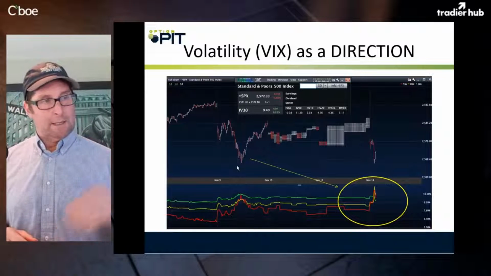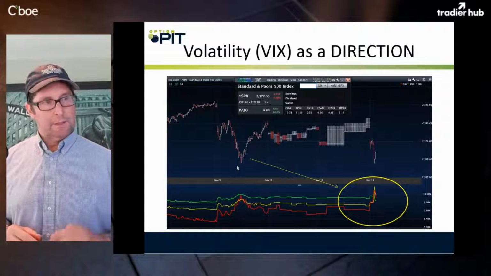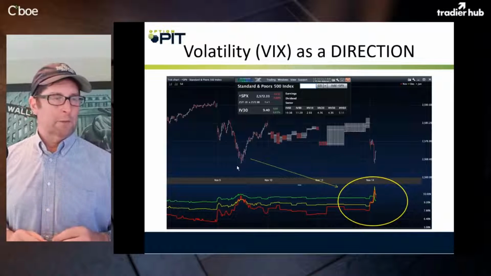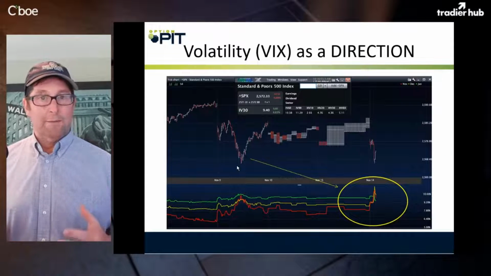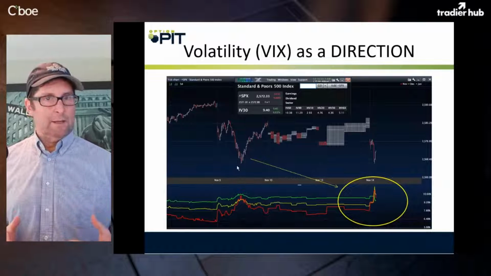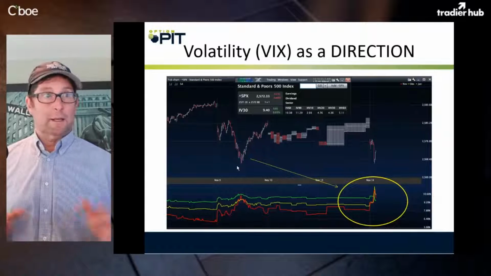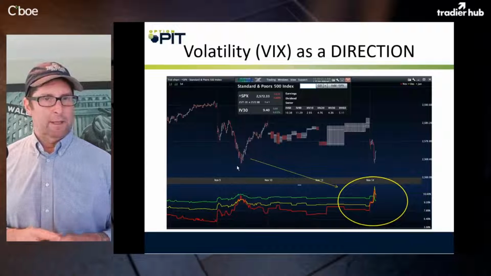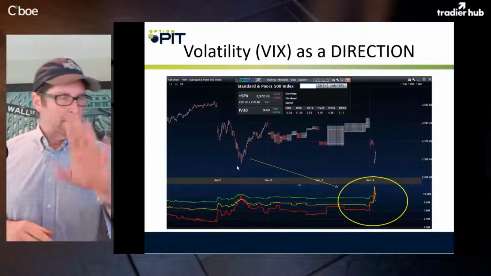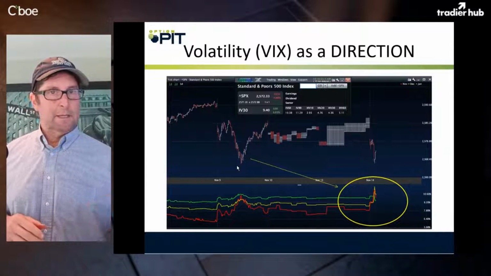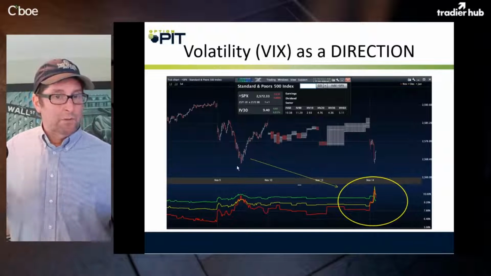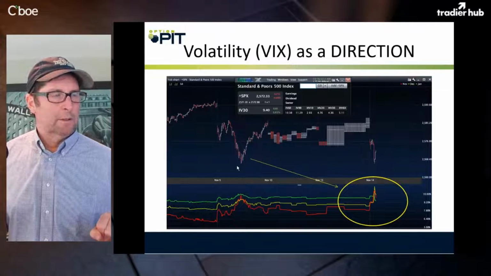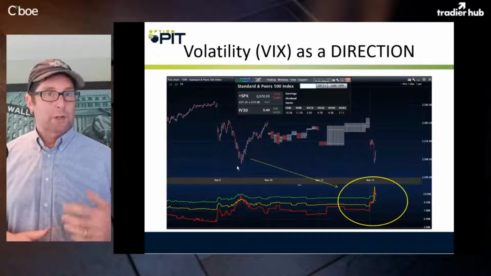Or if SPX goes down, VIX should be going up most of the time. So you could call it a non-correlated asset, meaning SPX is going to go up or down and the VIX should move a little differently, and generally the opposite.